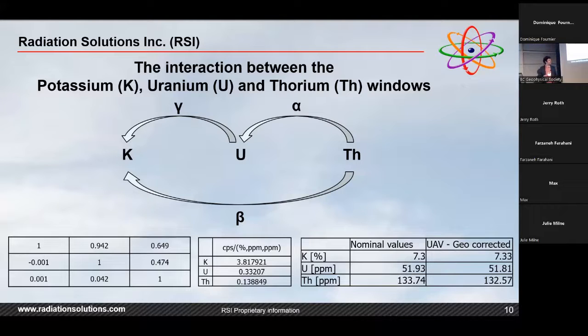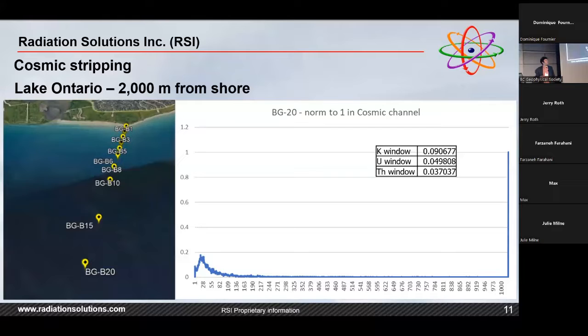So let's say now we have the stripping ratio, that's nice, you get the sensitivity, and you also need to account for the cosmic, because all cosmic radiation that you're going to see is also scattering, and it's going to pollute your thorium, uranium, and potassium windows. The only way to measure that is to go on a lake or very far off the ground, so you don't have a contribution from the ground itself, and you're just measuring what you see from the sky.